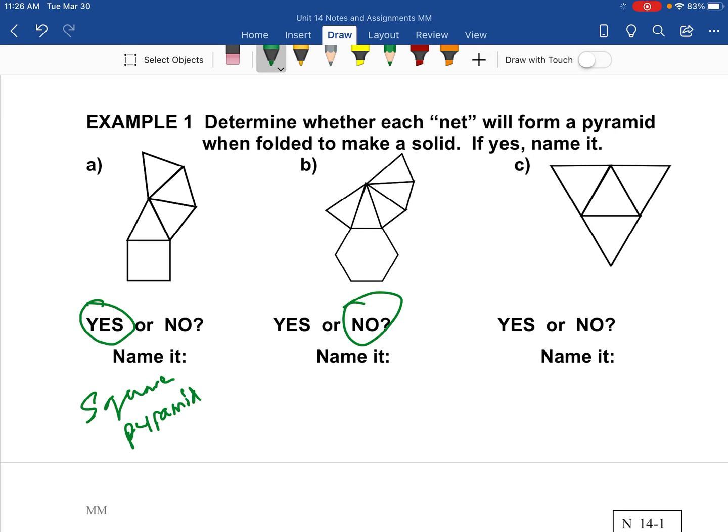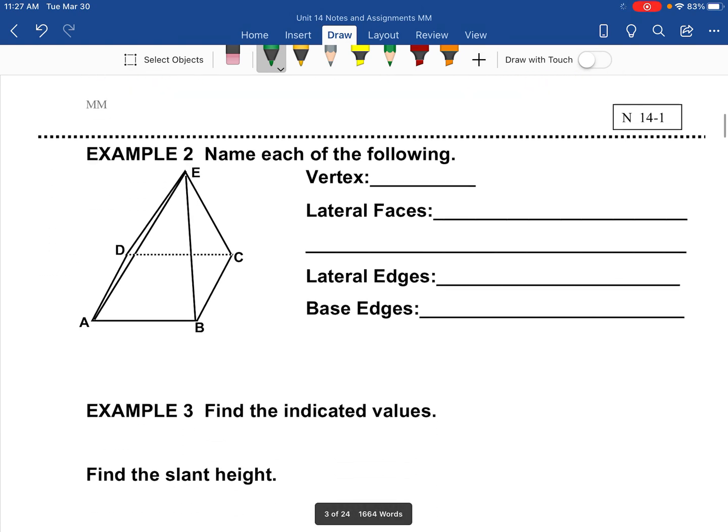So that would not make a pyramid. C, that one's kind of tricky. Yes, that would. It would make a triangular prism. Prism was last chapter. Triangular pyramid. So that's recognizing what figure the net will make. All right, next page.